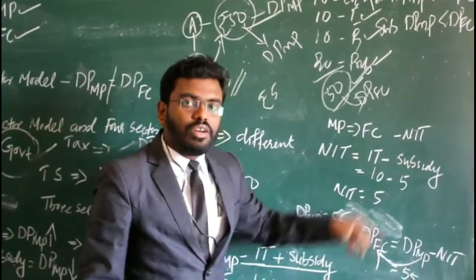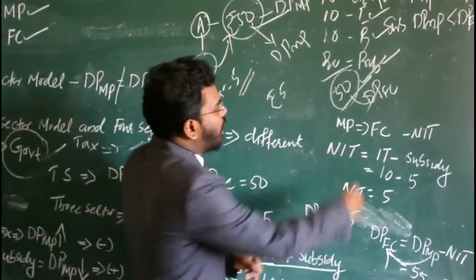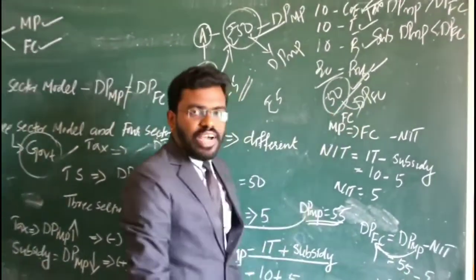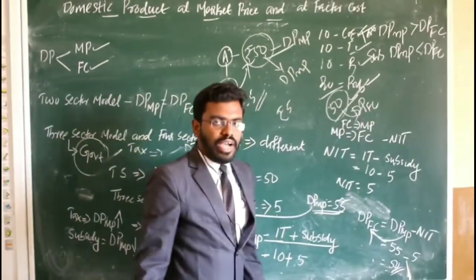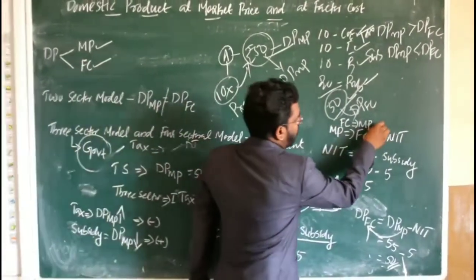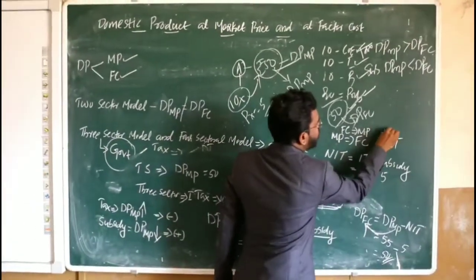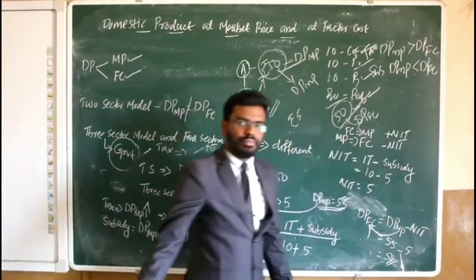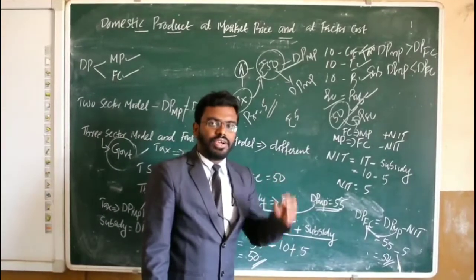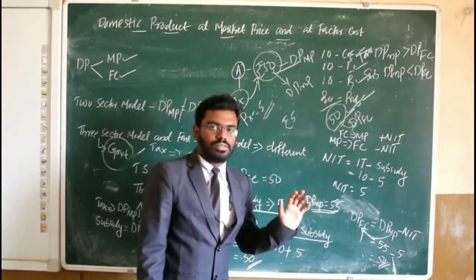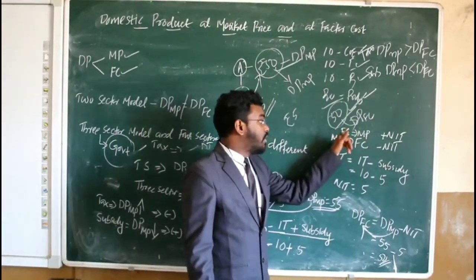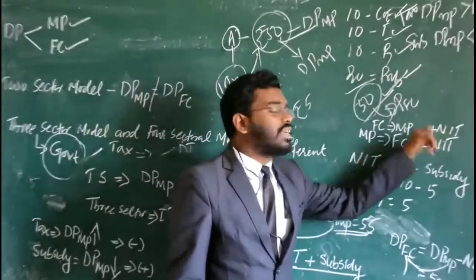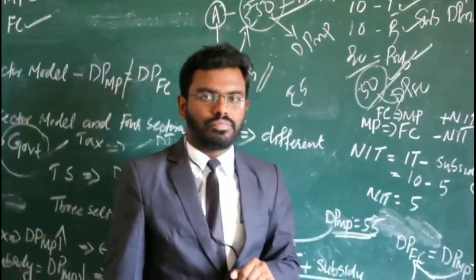Then the question is, how can we convert FC, factor cost, into market price? Then just the opposite, plus NIT, net indirect tax. Okay, MP into FC, that is minus NIT; FC into MP, that is plus NIT.